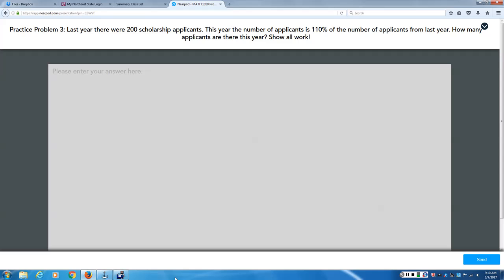Now, you have to answer individually, but I want you to work together as a group to get that answer. So everybody in the group should work the problem. Then you should compare answers and make sure that everybody agrees that that's the right answer before you post your answer to that question.